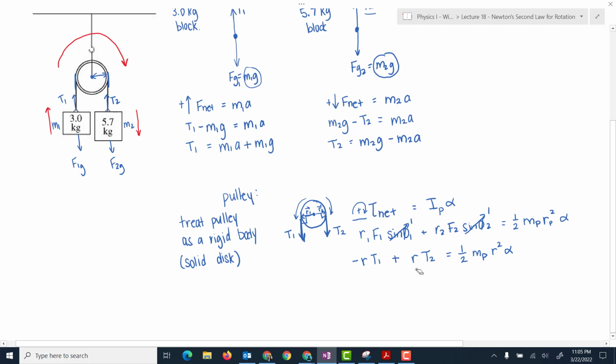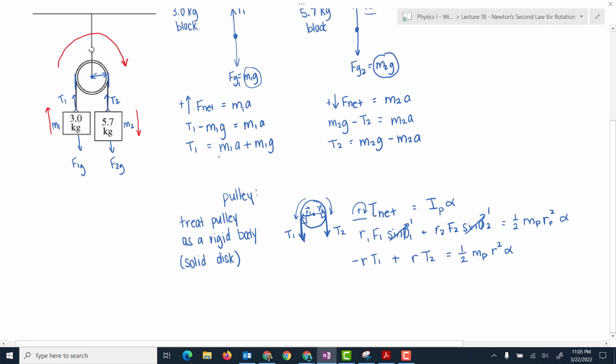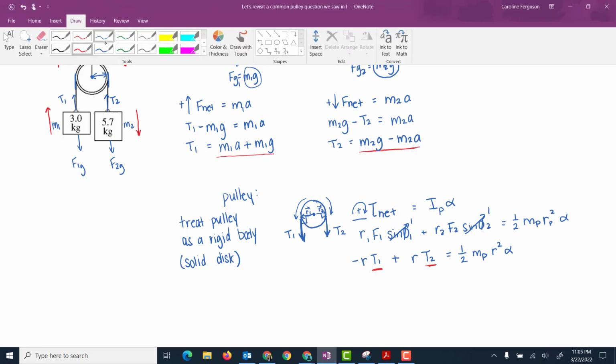Next step is that the tensions that we got in the step above, these two tensions, we're going to put them in place of these two tensions over here. So we're going to take the M1A plus M1G and replace T1 with that in brackets. And we're going to replace T2 with M2G minus M2A. Okay, so I'm going to rewrite the equation but replace my tensions.